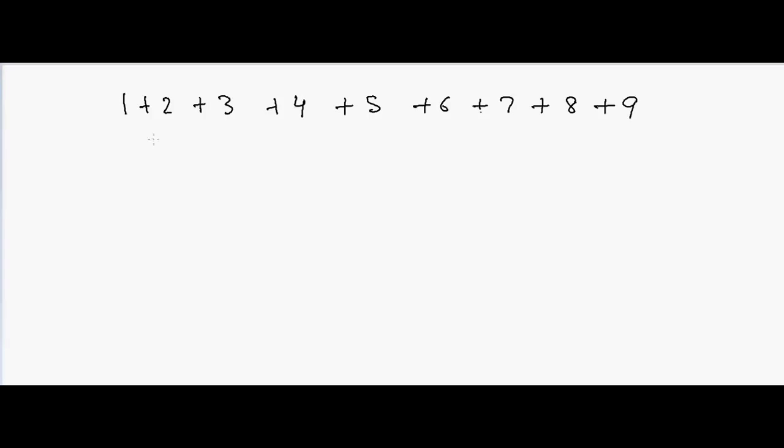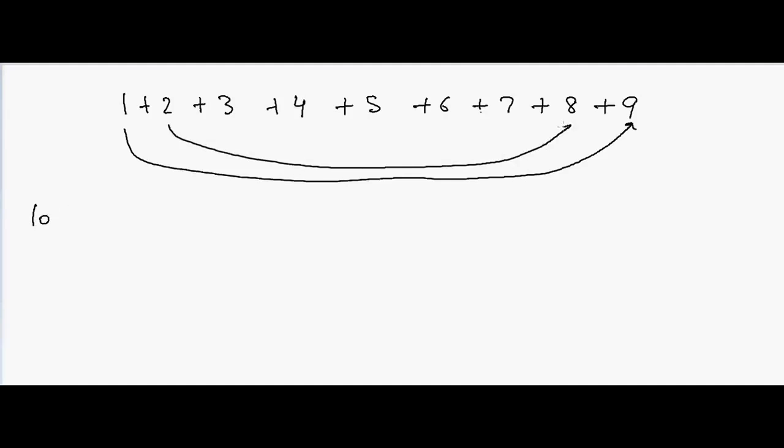If we look carefully, we can add this 1 to the 9 here, so we'll get a 10. Then we can add 2 and 8, so we'll get another 10. Then we can add 3 and 7, so we'll get another 10.